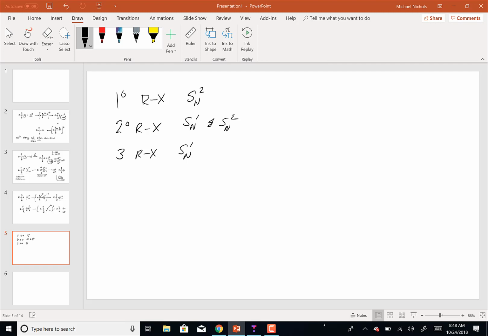Now let me talk about nucleophiles for a minute. So if you have a negatively charged nucleophile, it can undergo SN1 and it can undergo SN2. Remember, nucleophiles are electron rich, and because it's a negative charge, it's the richest of the rich.